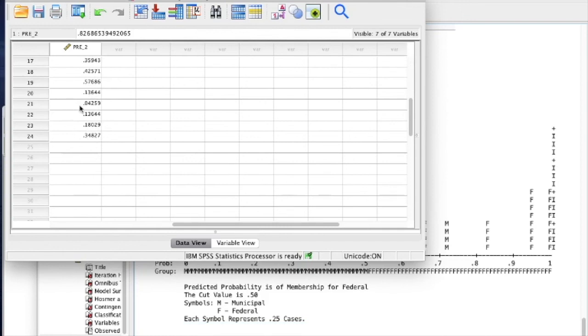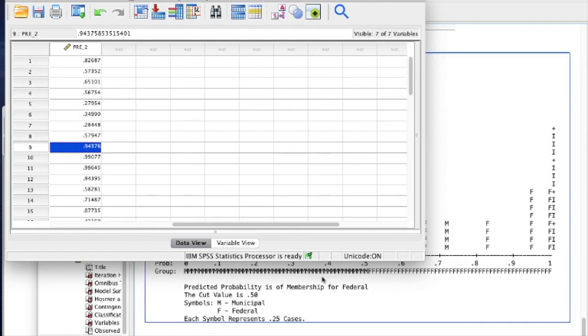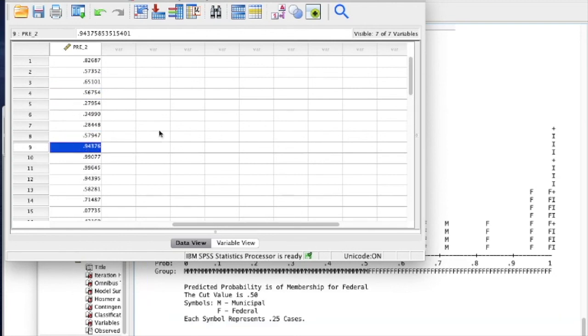We can see, okay, this one's really low, so it would have said that this is at the municipal level, whereas this one's really high, so it would have said it's at the federal level. And so on and so forth. So we can see the probability score it gave, and use that to tell what it predicted.